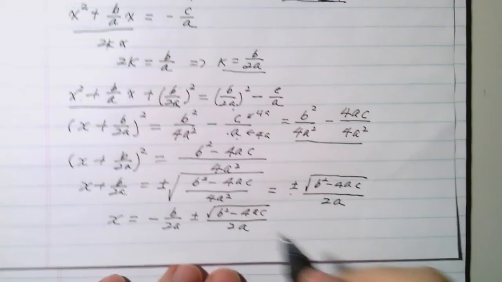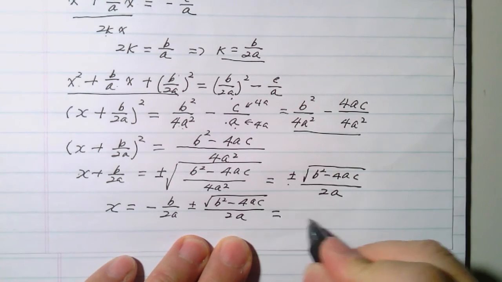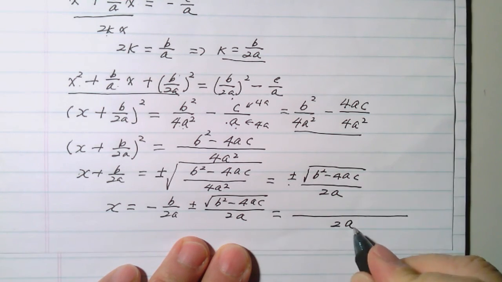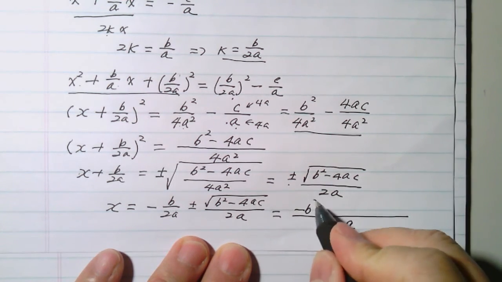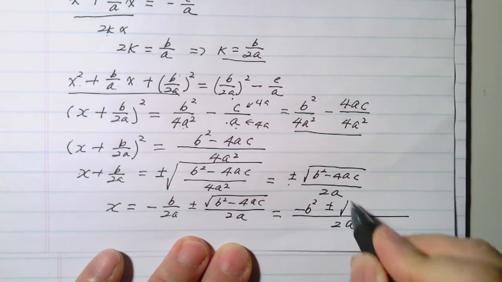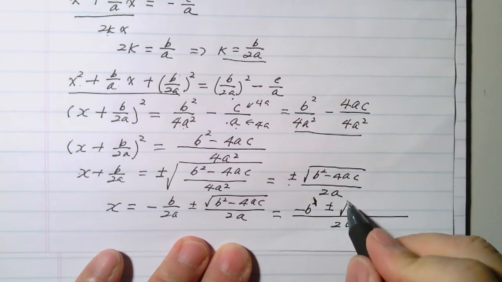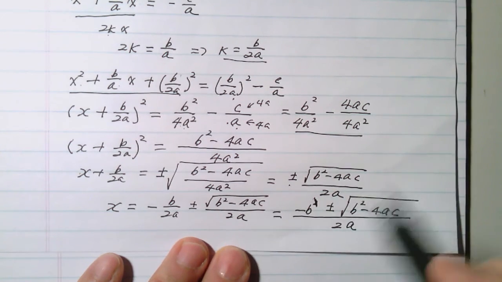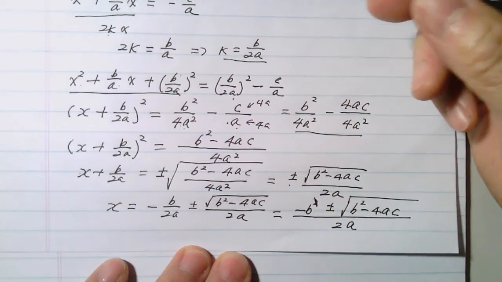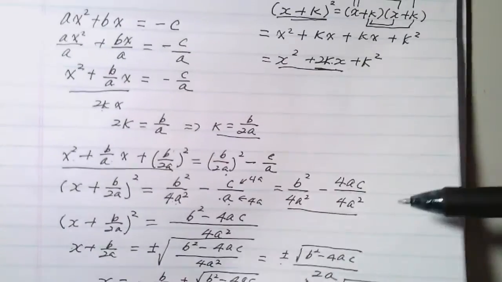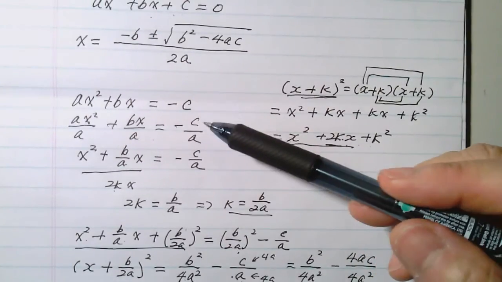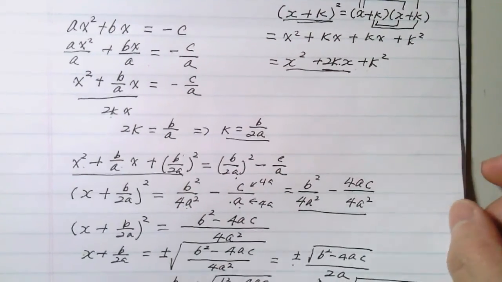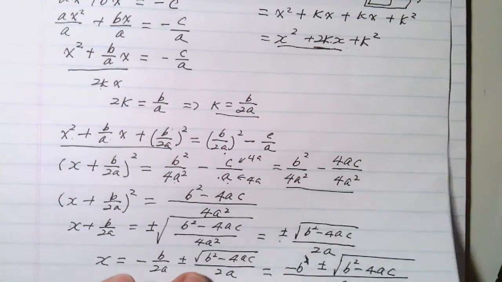If I rewrite this solution into one fraction, because they have the same denominator 2a, you have negative b plus or minus the square root of b squared minus 4ac, all over 2a. That is exactly the quadratic formula. That's how we derive the quadratic formula.